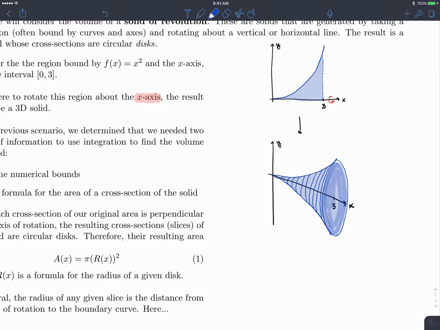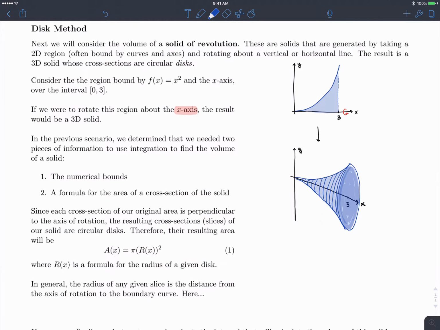So what we're going to do next is look at one of these cross sections, because the bounds, I think, are pretty straightforward. In this case, the bounds that we have are from x equals 0 to x equals 3. And if that's not clear right now, I think we can make it make a little more sense in just a moment. So let's focus on the formula for the area of a cross section.